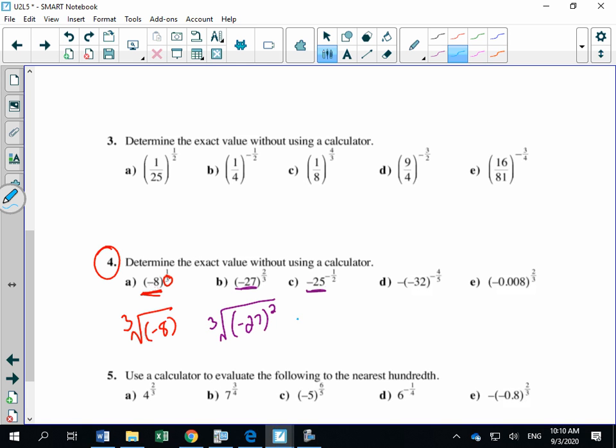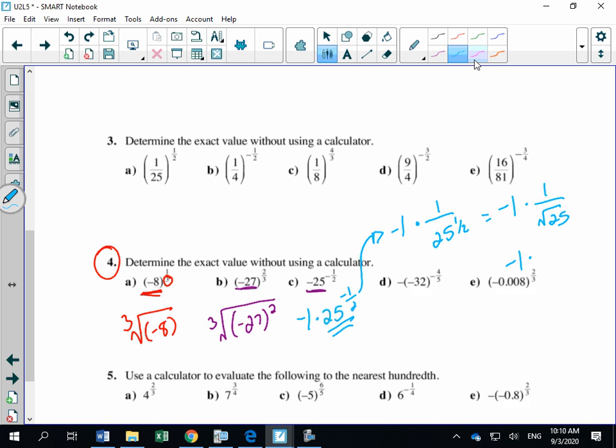So please write for C, negative 1 times 25 to the negative 1/2. And then this gets rewritten as a positive exponent. So this is going to be negative 1 times 1 over 25 to the 1/2. That's going to be negative 1 times 1 over the square root of 25.